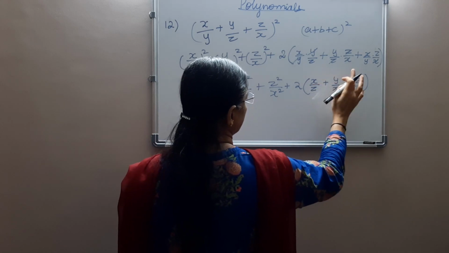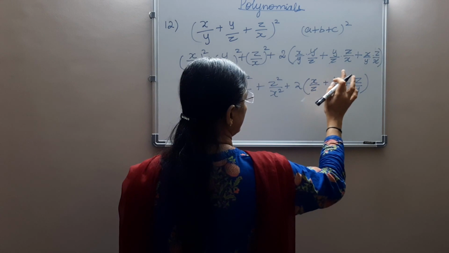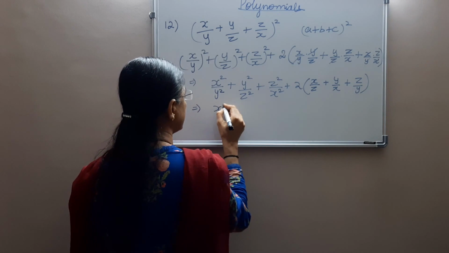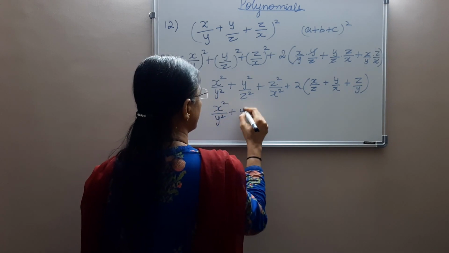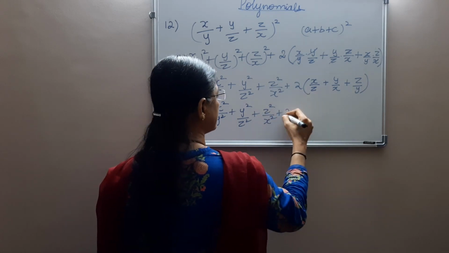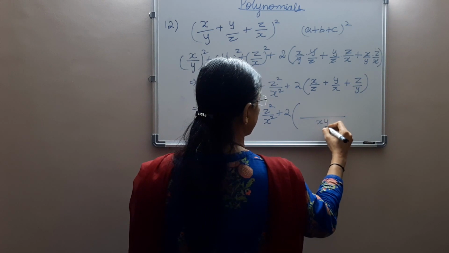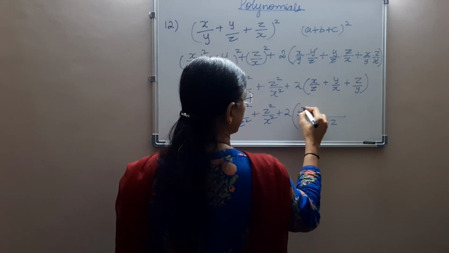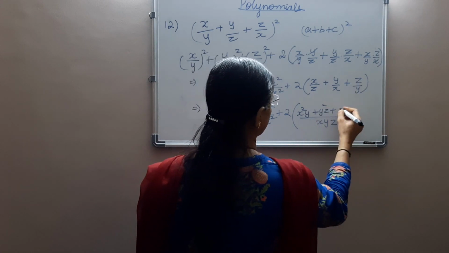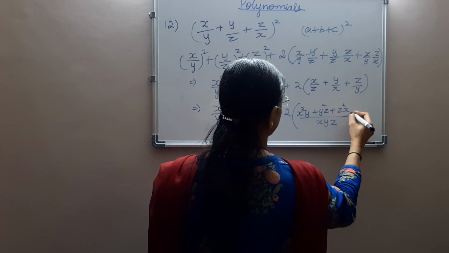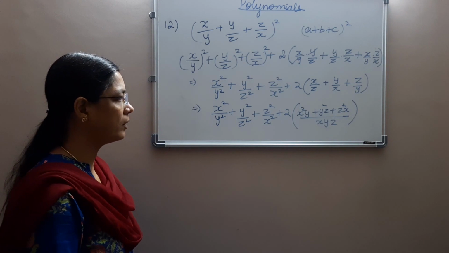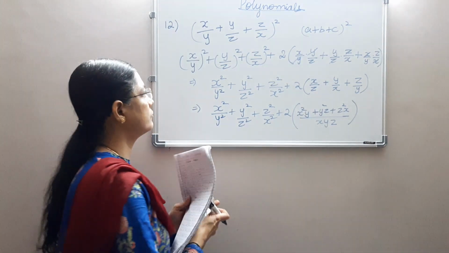You can leave it as it is, or you can simplify it, it's up to you. X, y, z is the LCM. So on top you have x squared y plus y squared z plus z squared x. Okay, you understand? So this will be your simplified answer for the question.